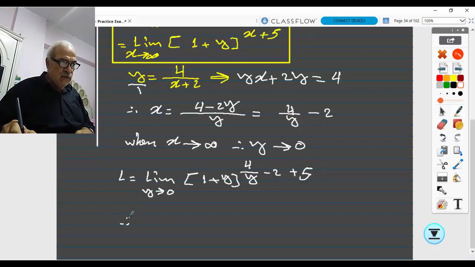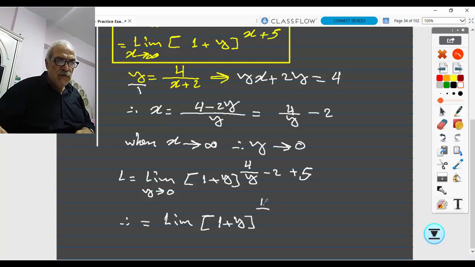So the limit equals the limit of (1 plus y) all power 4 over y plus 3, as negative 2 plus 5 equals 3, as y tends to 0.